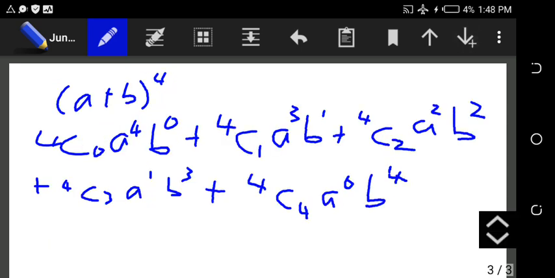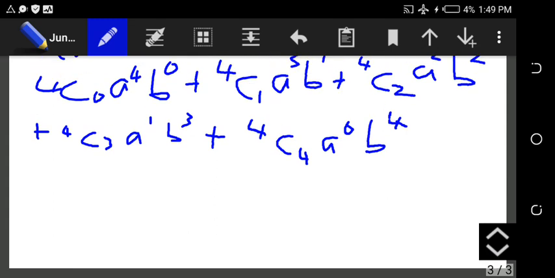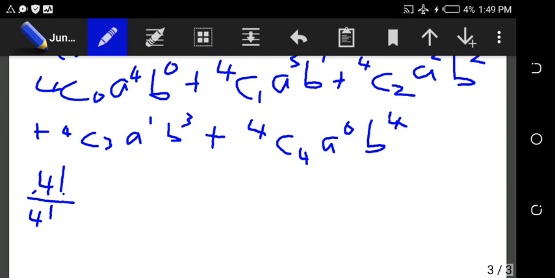So we'll go ahead and implement all that here. What do we have? For 4 combination 0, that would give us 4 factorial all over 4 minus 0, which is still 4 factorial, and 0 factorial, r is 0 factorial, and of course we still have a raised to power 4 and b raised to power 0.